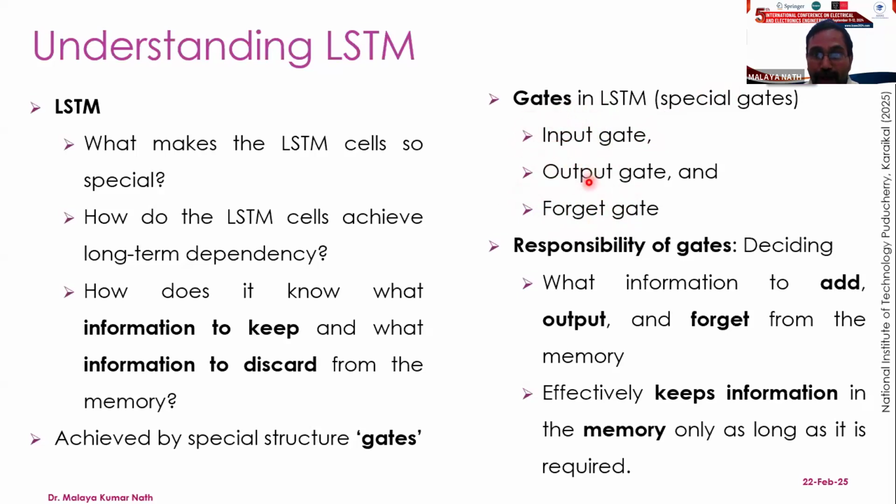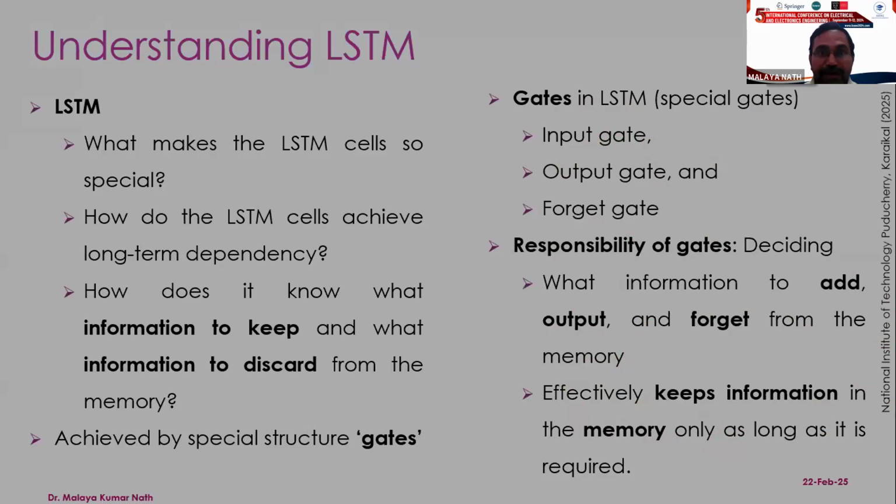Now, the output gate provides the output, that means what will be the output of this LSTM network. We'll talk about each gate and how these gates work. So what information to add, output, and forget from the memory of the LSTM will be decided by these three gates, which effectively keep the information in memory for a longer period of time.